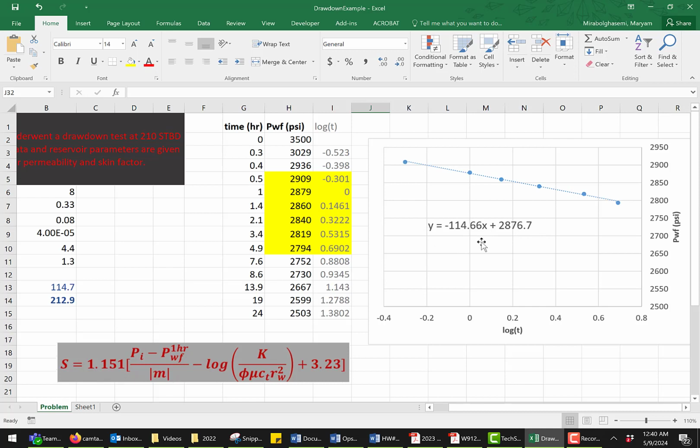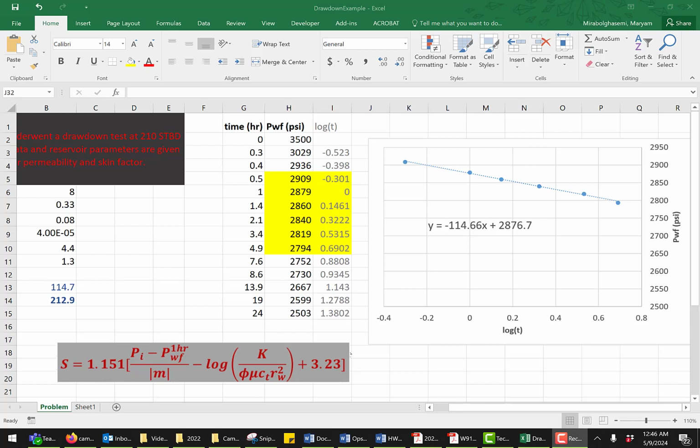The only thing we need to do is to plug 0 for x, and we'll get a y, which is bottom hole flowing pressure at 1 hour. So in this case, if x is 0, y is 2,877 psi, which is our bottom hole flowing pressure at 1 hour.